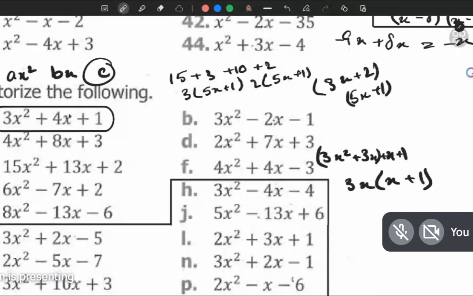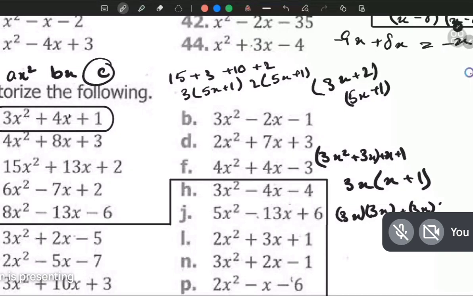No, that does not make sense. You can write this as 3x square, which is 3x multiplied by 3x and plus 3x multiplied by 1. Can you do that? 3x multiplied by 1 is the same thing. Yes or no? Yes. And if you take 3x common, you're left with x.